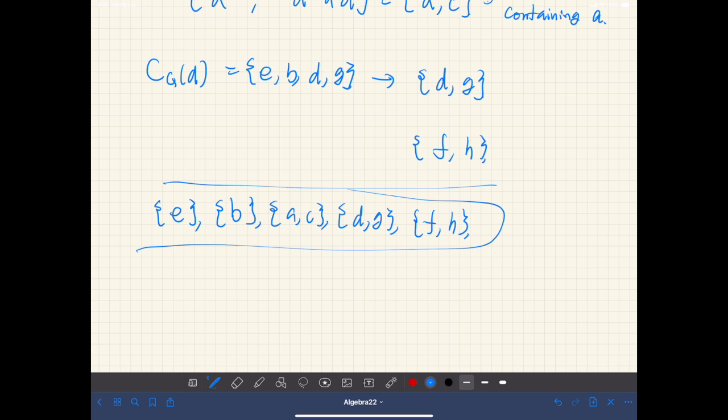So these are the conjugacy classes. They are disjoint and collectively exhaustive. If we take the union of all these, that will be equal to D4.